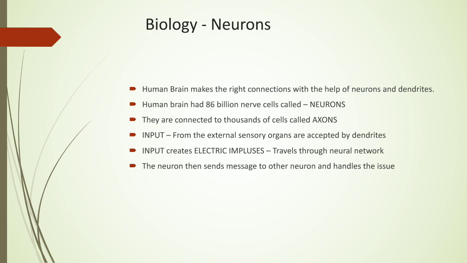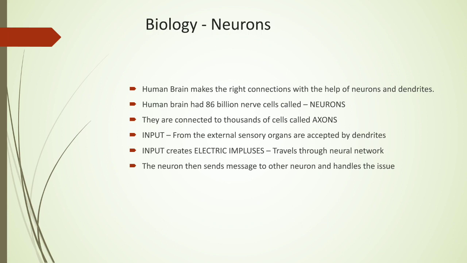The input to this is from the external sensory organs. For example, your eye is seeing a color. This is an external sensory organ. This input will create some electric impulses. These impulses will then travel with the help of these neurons, and at the last it will go to the brain.